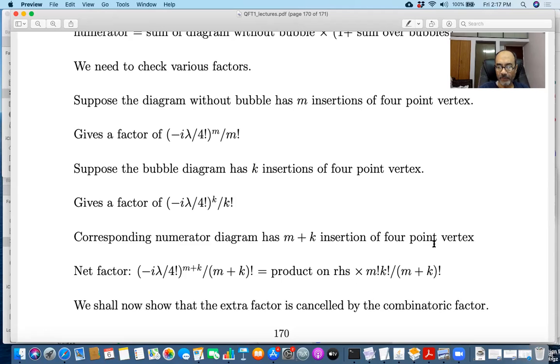There is an extra piece over here, right? 1 over (m plus k) factorial is 1 over m factorial times 1 over k factorial times this number. Is that clear? So what we are saying is the left hand side is not the same as the right hand side for this particular term, but that this particular term on the left hand side has this extra factor compared to the term on the right hand side.